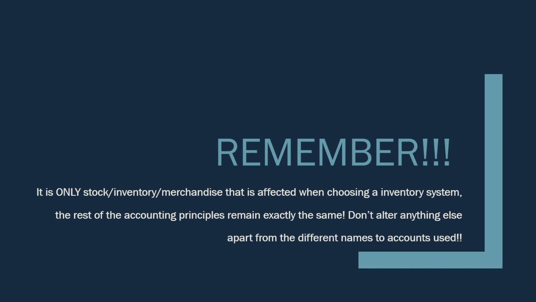So don't suddenly make your debits your credits and your credits your debits. It's just the account classification that changes. You either use purchases, purchase returns, freight charges, carriages, all those different expense accounts if you are in the periodic system, or you use inventory if you are in the perpetual system.